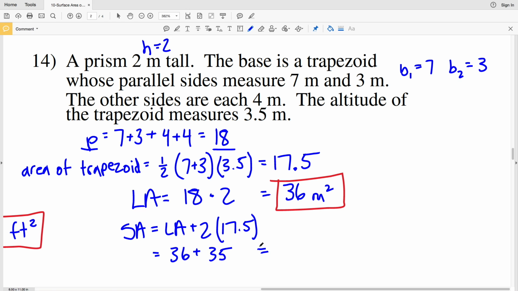So the surface area is going to be equal to 71, and that's meters squared. So again, lateral area is essentially the perimeter of one of the bases times the height, and then for surface area, we're taking that lateral area and adding that to 2 times the area of one of the bases, which is essentially the sum of both the bases.